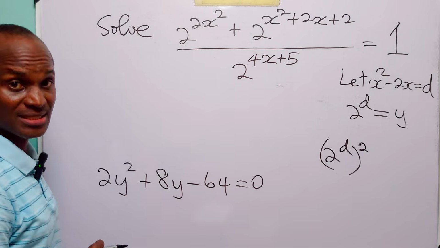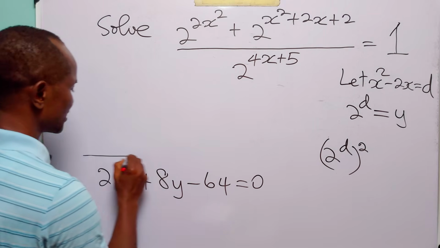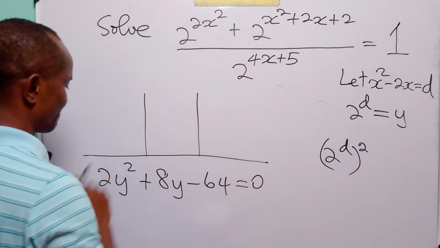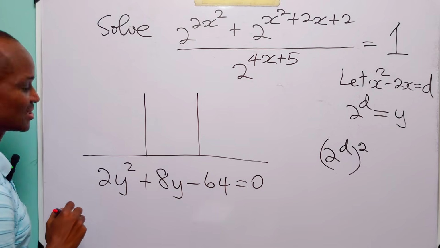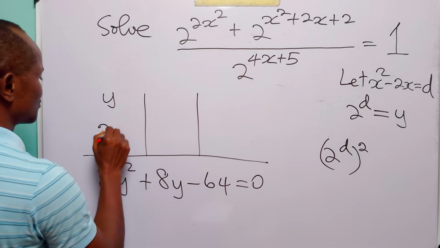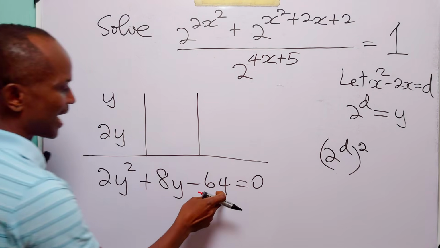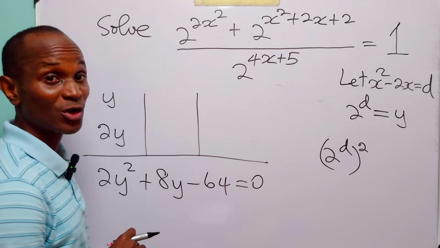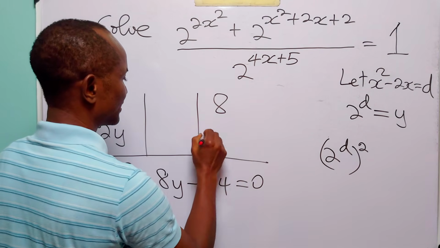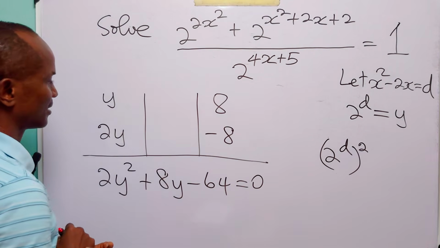Now we can factorize this equation. Let us use the table method. The factors of 2y squared are y and 2y. And the factors of minus 64 are 8 and minus 8.